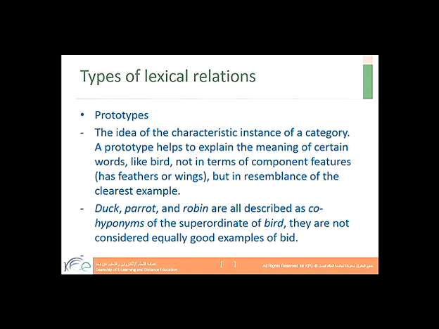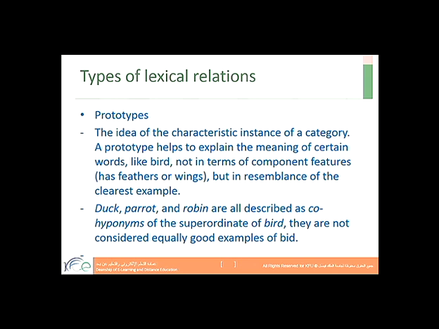So for example, if we look at these examples, duck, parrot, and robin, these words are all described as co-hyponyms of the superordinate bird. Because we have bird, which is located at a higher level, and duck, parrot, robin are all examples of birds, so we call them co-hyponyms.